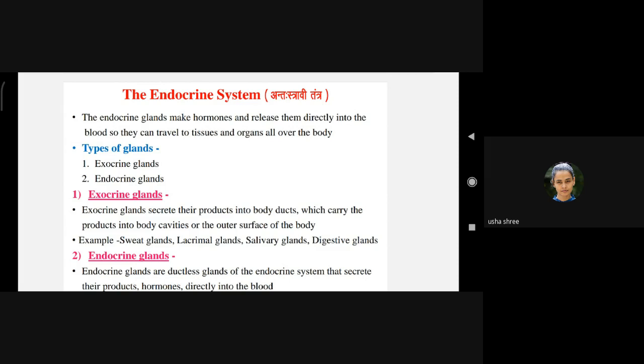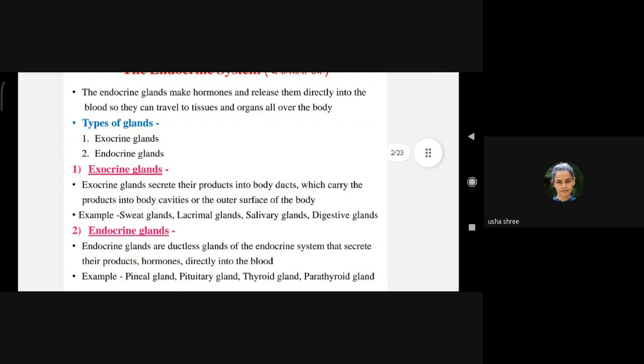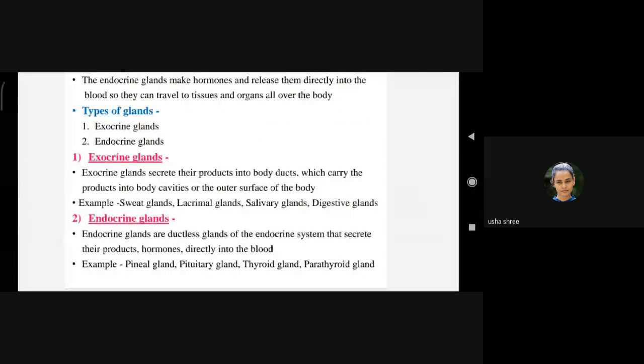And what are endocrine glands? Endocrine glands are ductless glands of the endocrine system that secrete their products, hormones, directly into the blood. Now, we have all seen saliva.